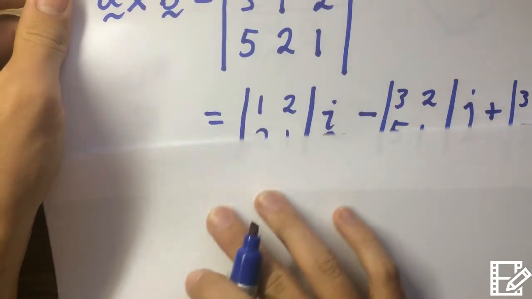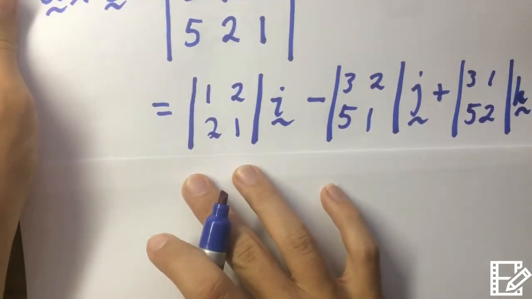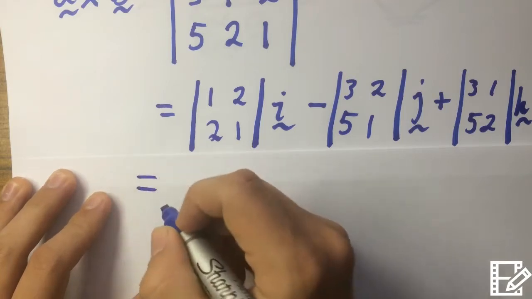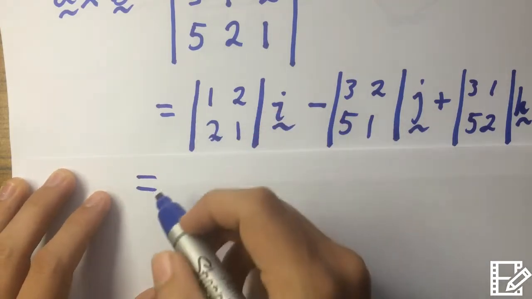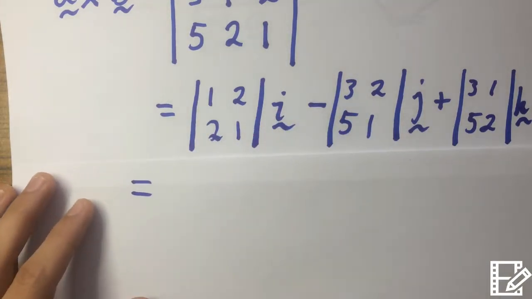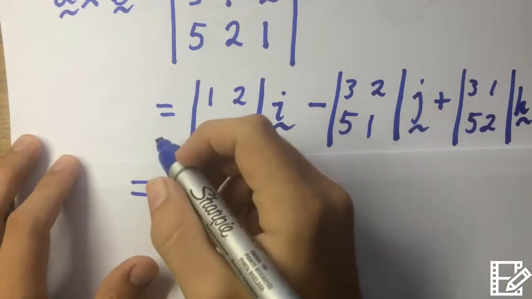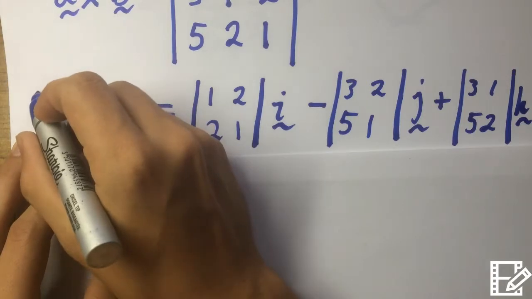Now that we got that sorted out, we basically find the values for I. We do this step now where we multiply and subtract, and I like to remember it as a fish.